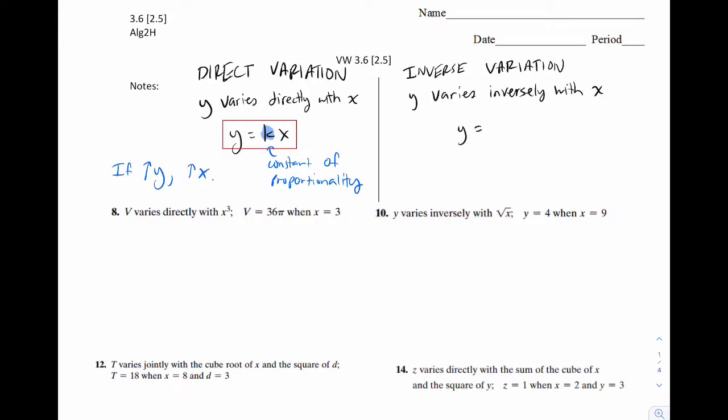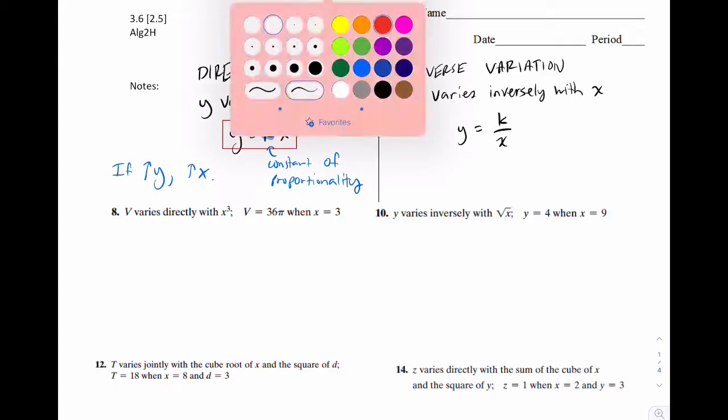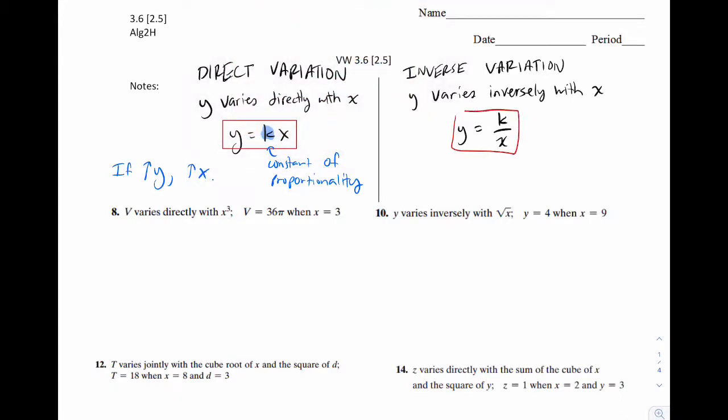All you write is y equals k over x. And again, you're going to want to box that. The concept here is if y goes up, then x should go down. So that's how we're going to compare these two ideas. And again, we have our constant right here.